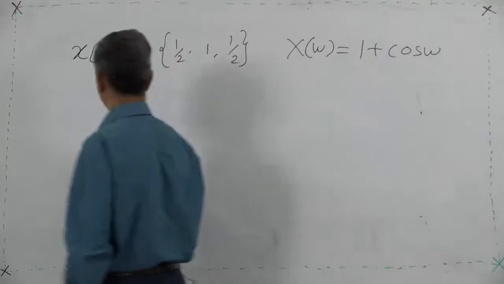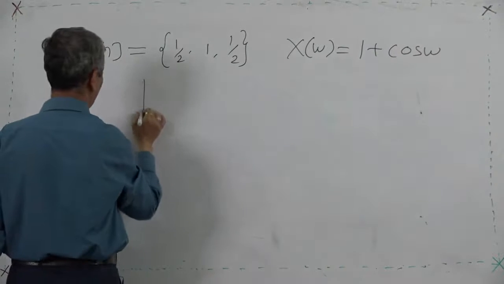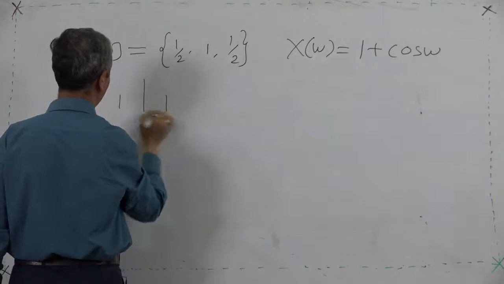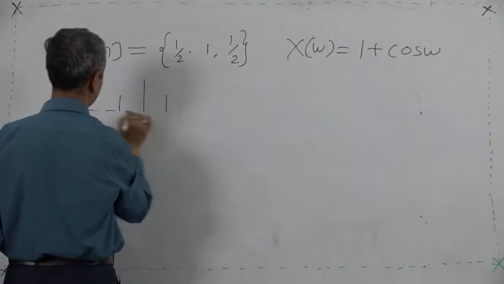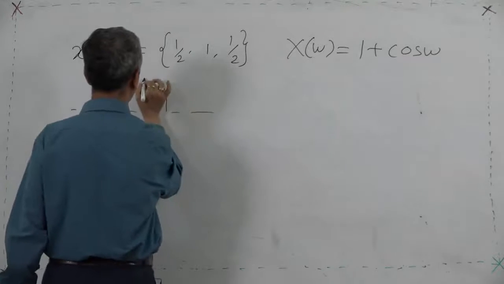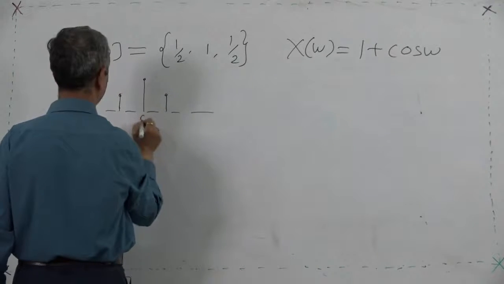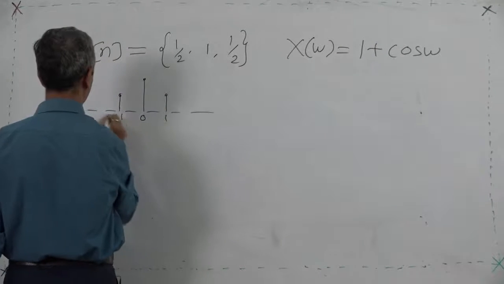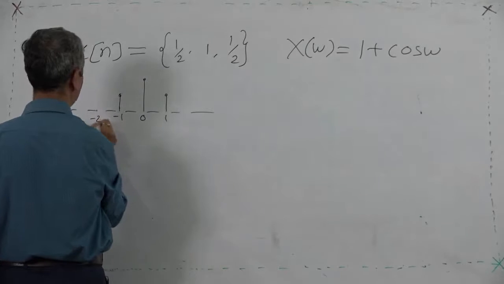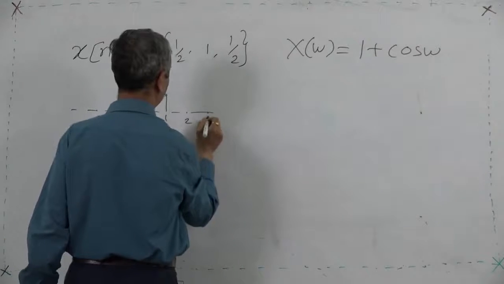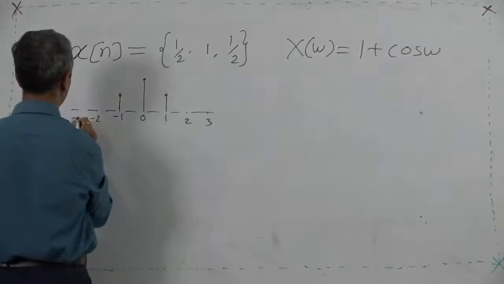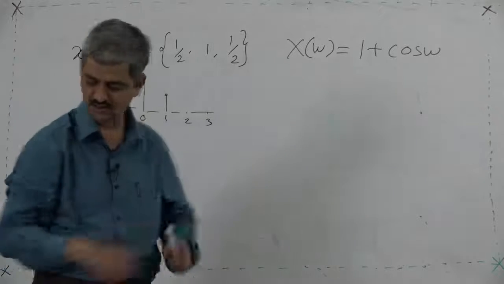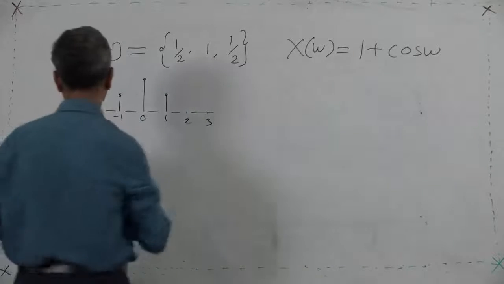So, this sequence has values half, 1, and half at three points, and at all the rest of the points it is zero.